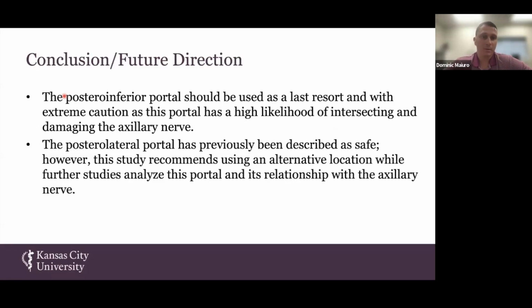And so conclusions, our posterior inferior portal should be used as a last resort and with extreme caution, as the portal has a high likelihood of intersecting and damaging the axillary nerve. And so if we look back at our quadrangular space, posterior inferior portal is actually kind of hovering in that area. So if you're going to damage something when you're inserting a posterior and inferior portal, you're going to have a significant amount of damage.